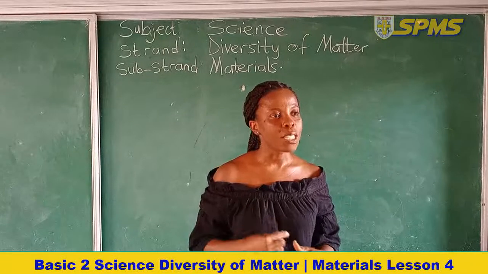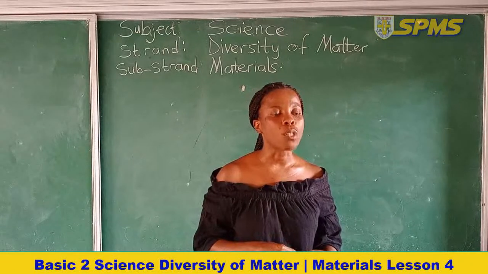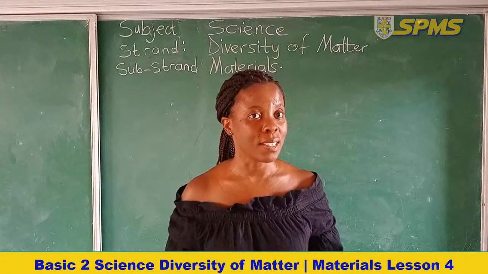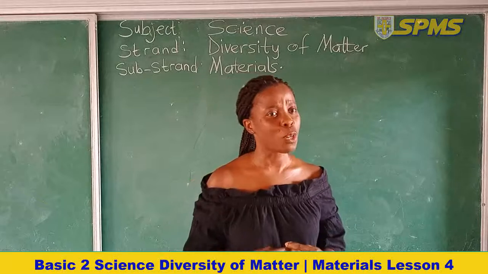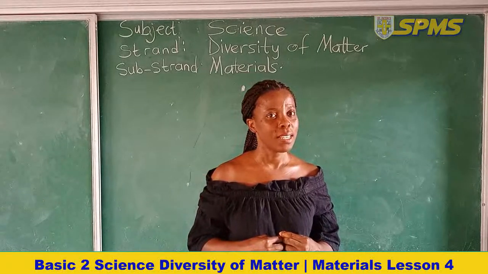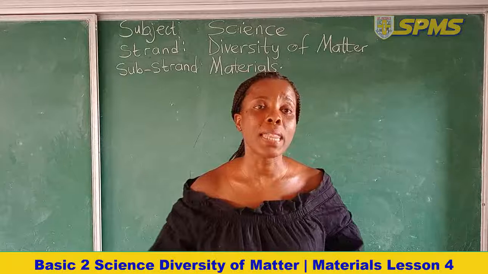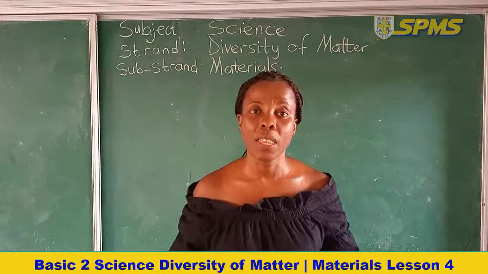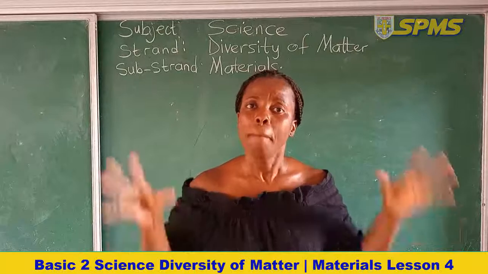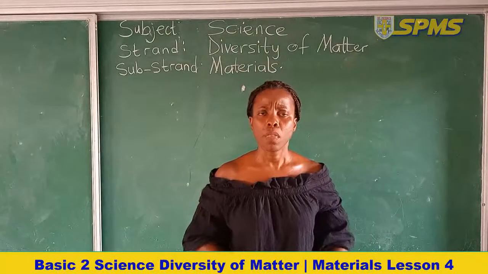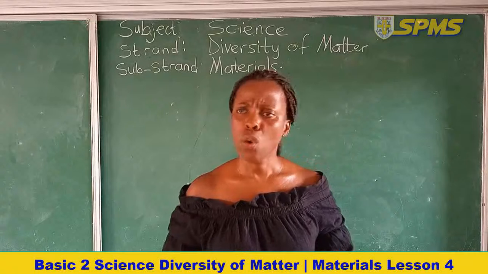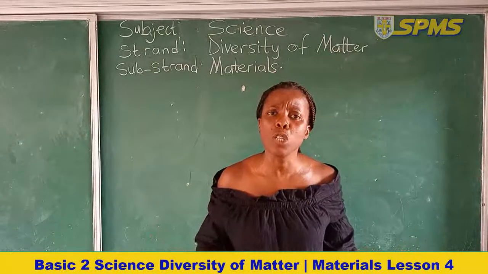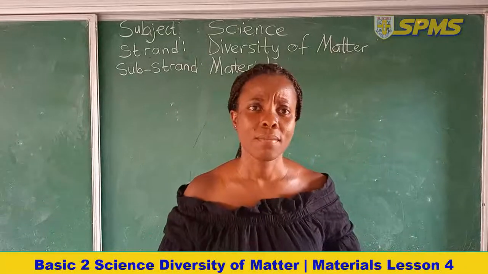Now, from our previous lesson, we talked about living and non-living things. Does it have any link to what we are going to talk about? Yes. So the things we have around that are living and non-living are also materials. All the things that we have around are materials, which means they can be used for something.